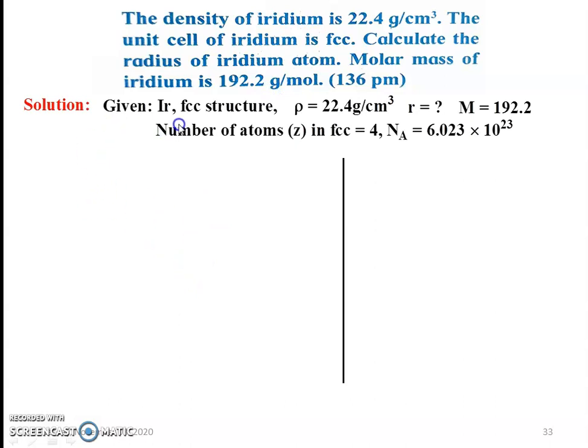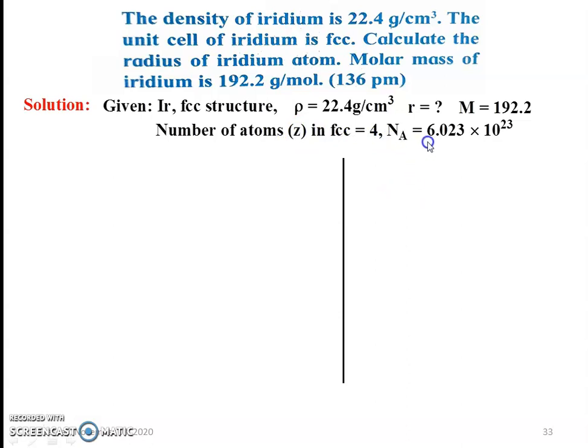Now what is given? The element is iridium, it has a face centered cubic structure. Its density is given as 22.4 gram per cubic centimeter. Find out r. The molar mass is given as 192.2. The number of atoms in a face centered cubic cell is known, that is 4. So Z is equal to 4.